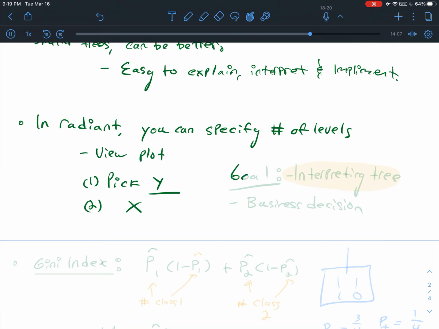And your goal, and really this is what I want you to focus on, is interpreting the tree, making sure this tree makes sense, making sure it's easy to explain, right? Making sure it makes business sense, making sure you can make a business decision from it. Like if there's a decision here when you're going down the path that doesn't make sense, I want to know.